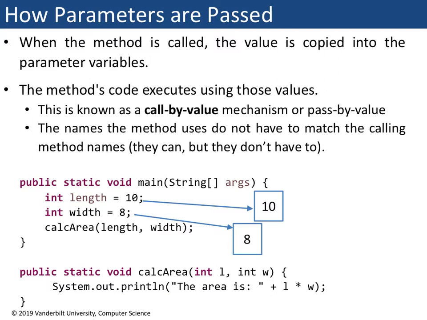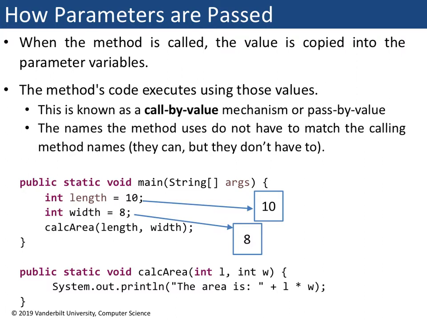Below we have a main where we declare an integer variable length and we supply it with the value 10. Then we declare an integer variable width and we assign the value 8. Then the next statement is a call to our calc area method, which we have duplicated below. And a couple of notes here.